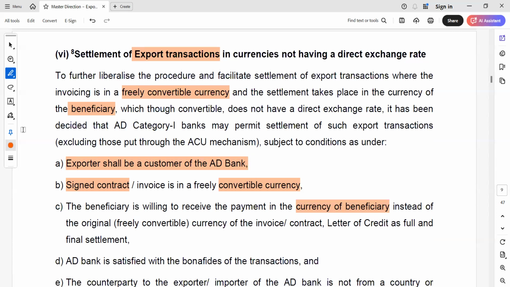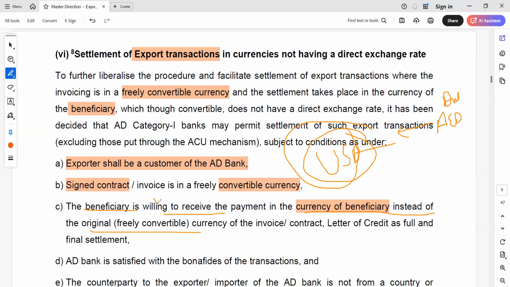Suppose somebody has raised the invoice in USD, but suppose he is making the export to Dubai. Okay, but in Dubai they are making the payment in AED. So in that case, you have raised the invoice in USD, but payment is coming in AED. So that is permissible, but the beneficiary should be willing to receive the payment in the currency of the beneficiary instead of the original.